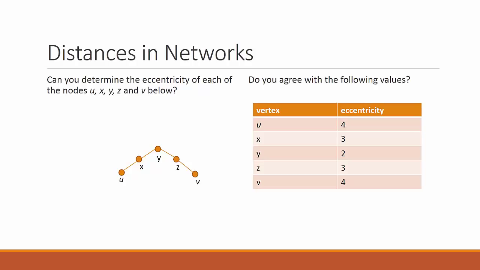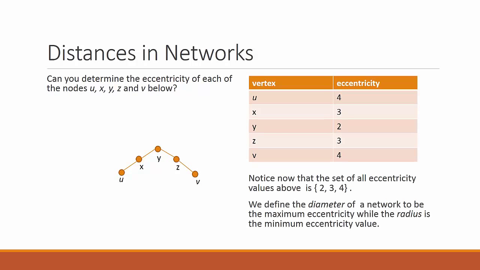Because of symmetry, we can often see that since we calculated the eccentricity value of U to be 4, it's clear that the eccentricity value of V is also 4. Now, given that we have the eccentricity value of each node, we have a set consisting of all of the eccentricity values.